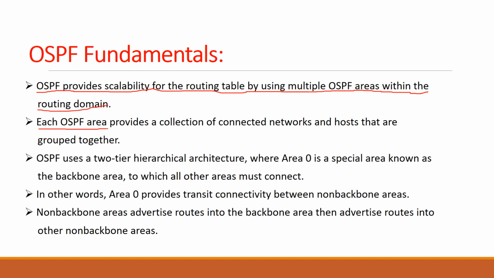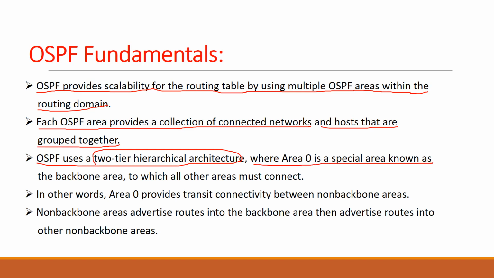Each OSPF area provides a collection of connected networks and hosts that are grouped together. Actually, OSPF uses a two-tier hierarchical architecture, where Area 0 is a special area known as the backbone area, to which all other areas must connect.